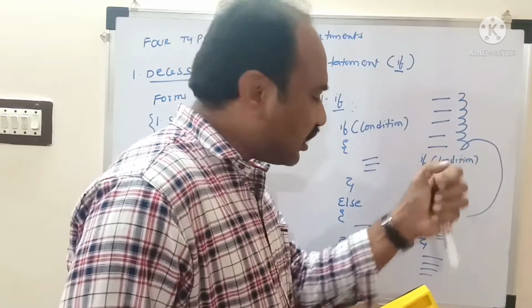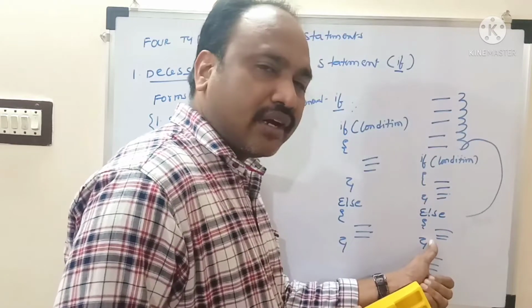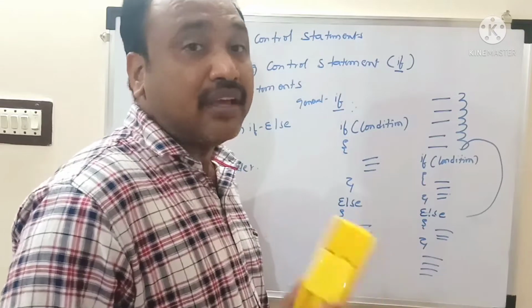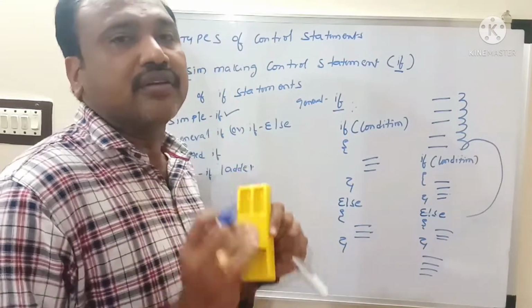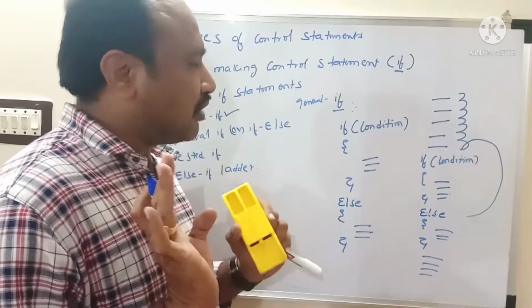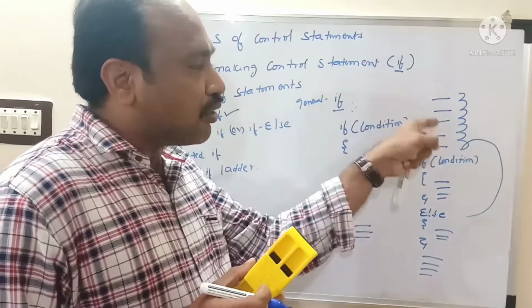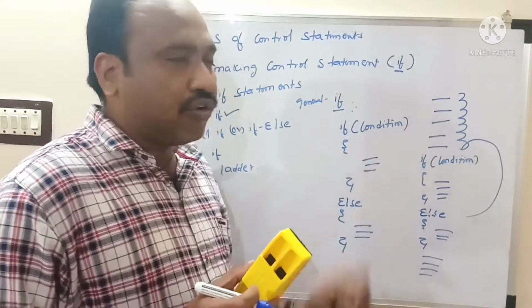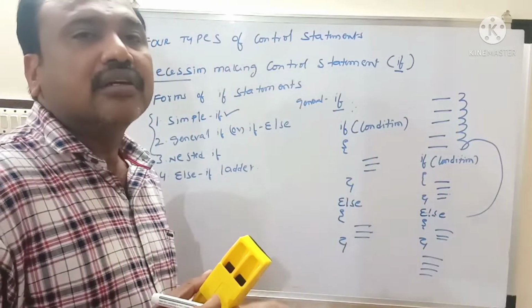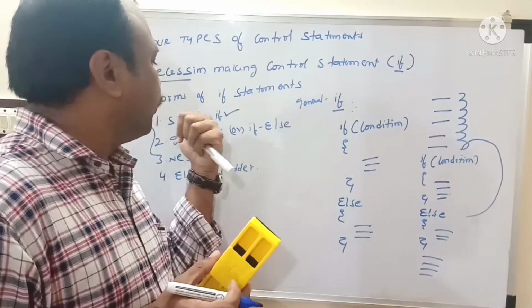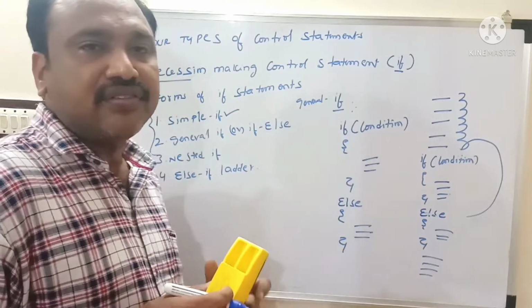If the condition is false, the else block will be executed. After this, the remaining statements will be executed as usual. That means, based on a condition, we execute some set of statements. To restrict sequential execution of the program, they have introduced these decision making control statements. This is regarding simple if and this is regarding general if.